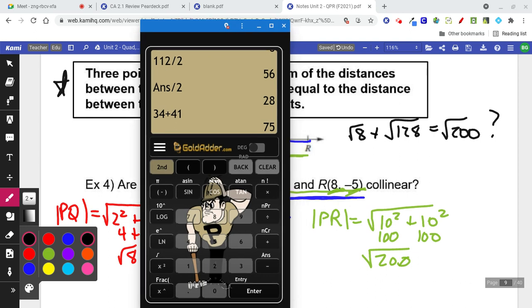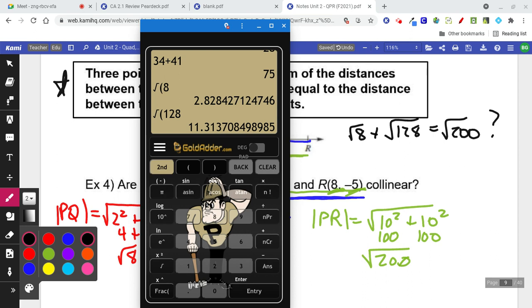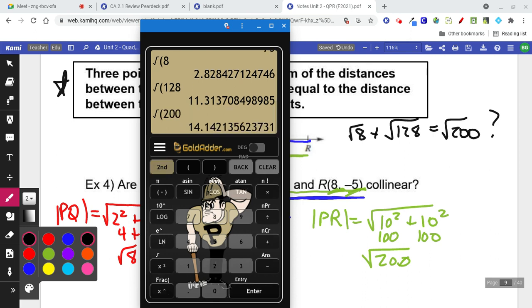Let's think about the square root of 8. Square root of 8 is 2.82. Square root of 128 is 11.3. And square root of 200, 14. Okay, think about that. 2.828 plus 11.314 equals 14.142?